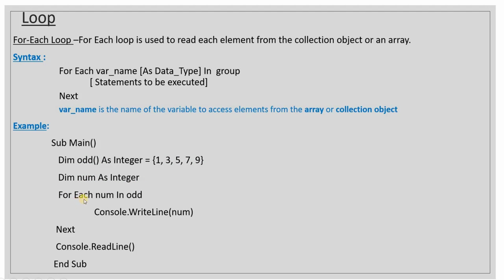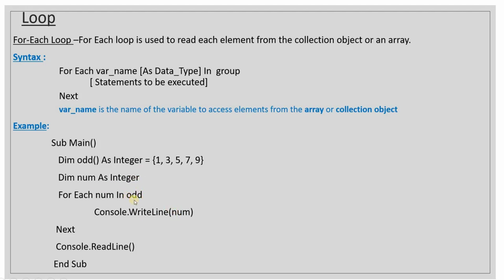Now For Each num In odd, where In is a keyword. It takes a value from the array, then num, an integer, takes a value from the array.